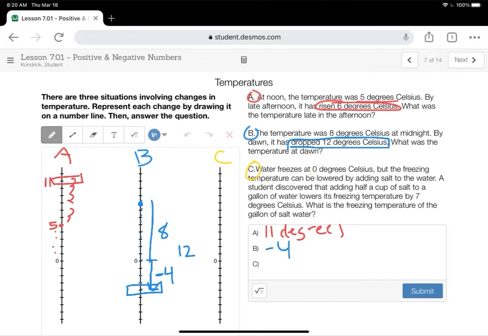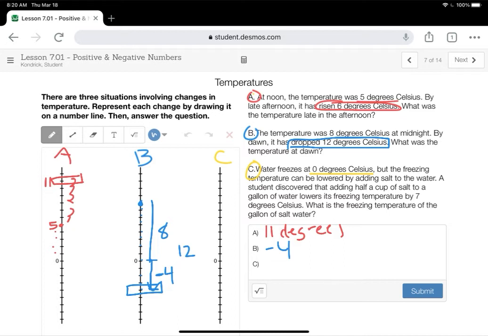Water freezes at 0 degrees Celsius, but freezing temperature can be lowered by adding salt water. A student discovered that adding a half a cup of salt to a gallon of water lowers its freezing temperature by 7 degrees. What is the freezing temperature of the gallon of water?